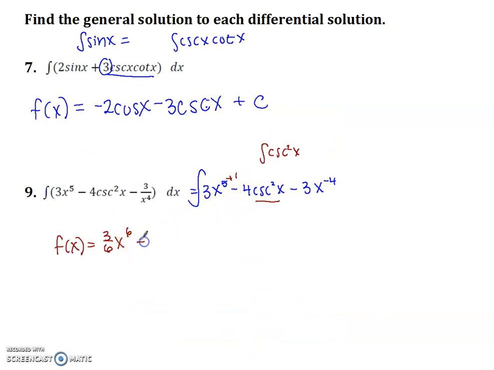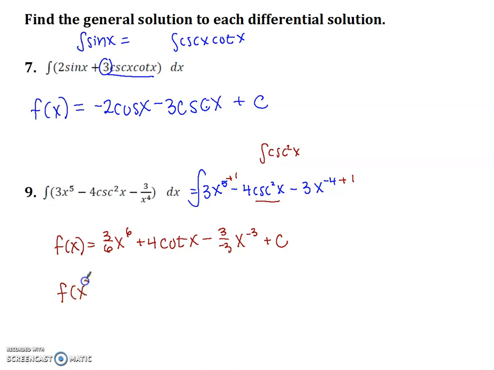So this will now become plus 4, since it's already minus 4, cotangent of x. And on this last one, we're going to add 1, so negative 4 plus 1 makes the new exponent negative 3. So I'm going to have minus 3 divided by negative 3, x to the negative 3, and then we're always going to tack on a plus c.